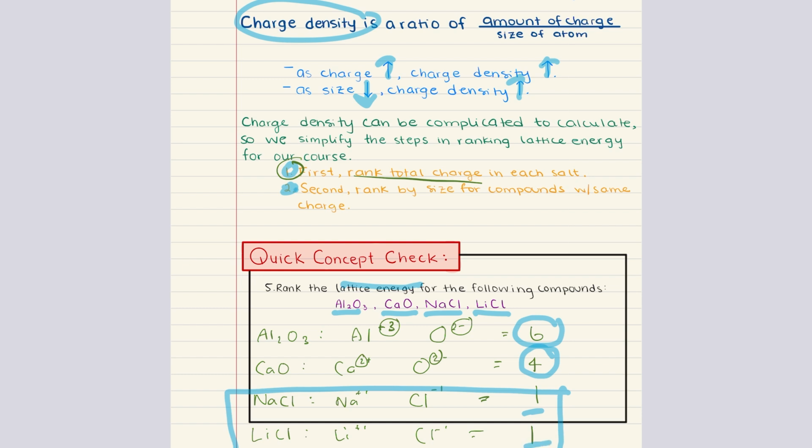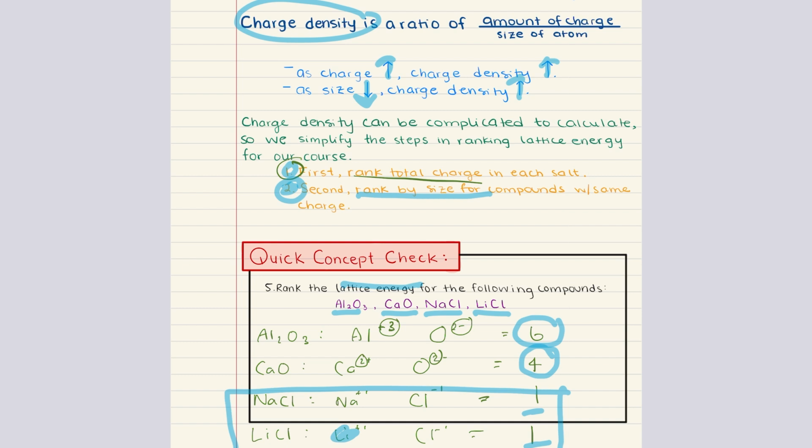So now we have to move into step 2, and we need to rank them by size. All right, so now we're comparing sodium chloride and lithium chloride's atomic sizes. Lithium is smaller than sodium. So that means the lithium ion has a higher charge density than the sodium ion.